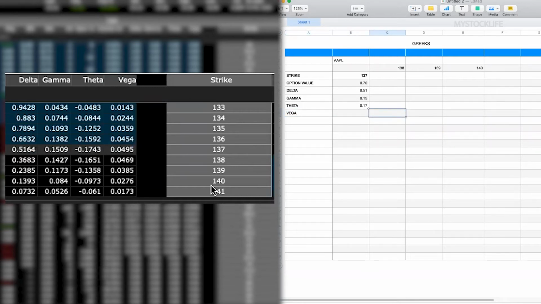Now, there's something here, right here. You guys can see this percentage, 13.77. You see it? On the 137 strike? Yes, Ricky. Now, the Vega we have here is 0.0495.